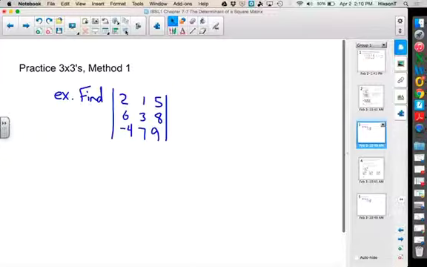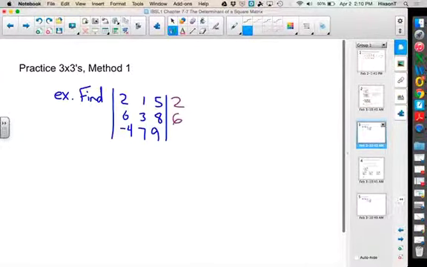Notice I have the vertical lines here, so that is saying find the determinant of that matrix. Remember, start by copying the first two columns as a fourth and fifth column, then work through your diagonals.